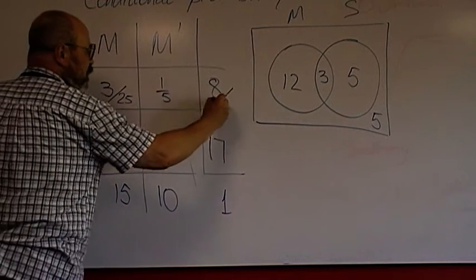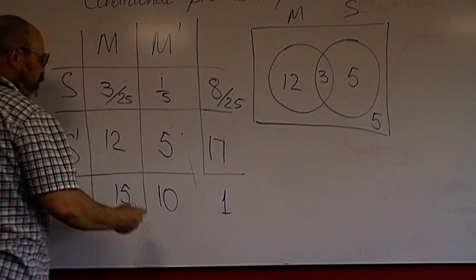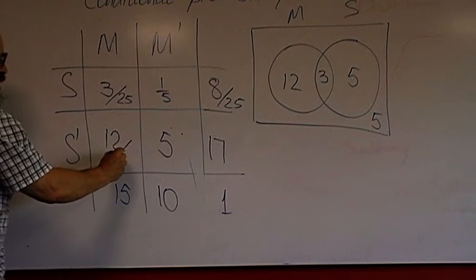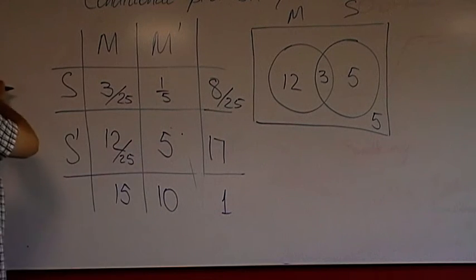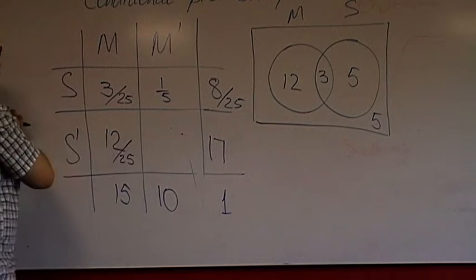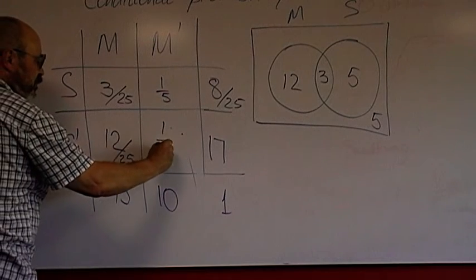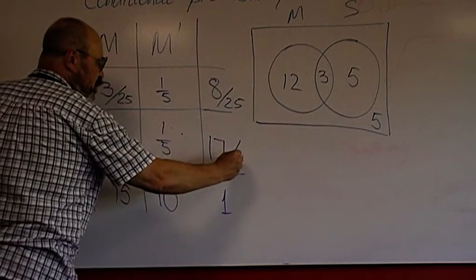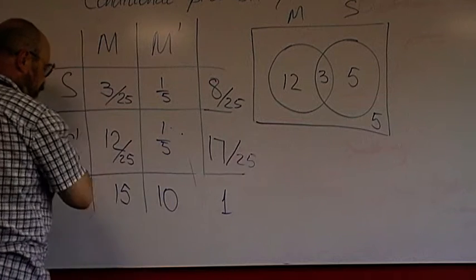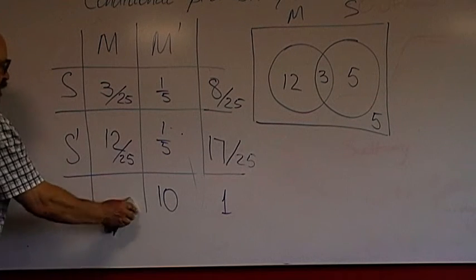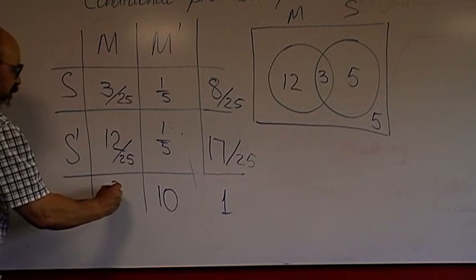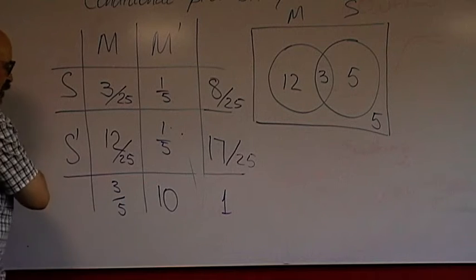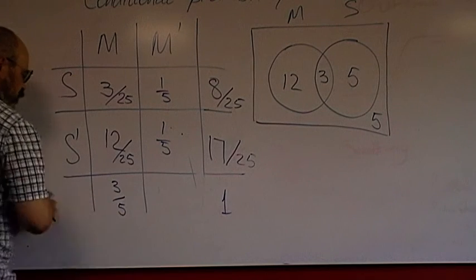This is 8 on 25. This 12 on 25, and that will be 1/5 as well. 17 out of 25. This will be 3/5, and that probability will be 2/5.